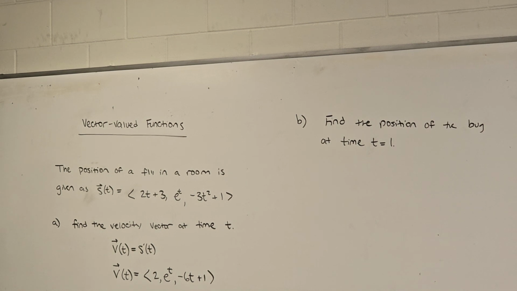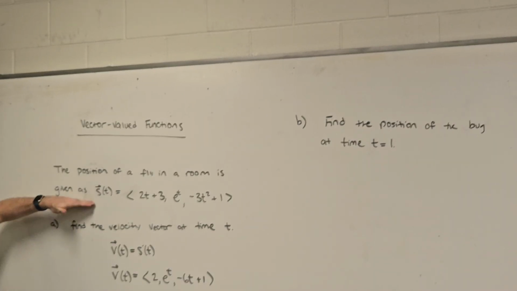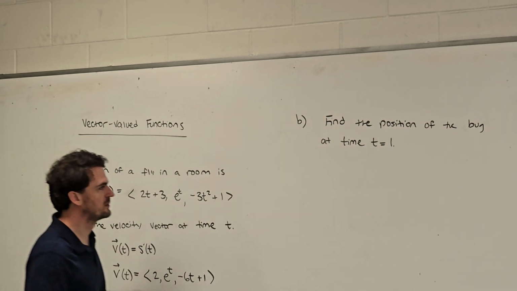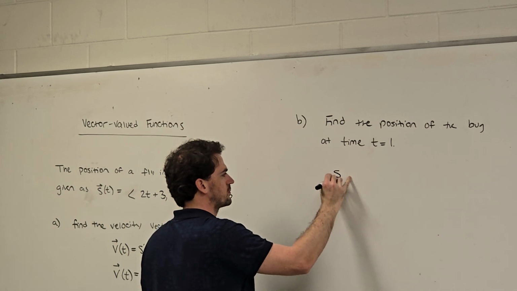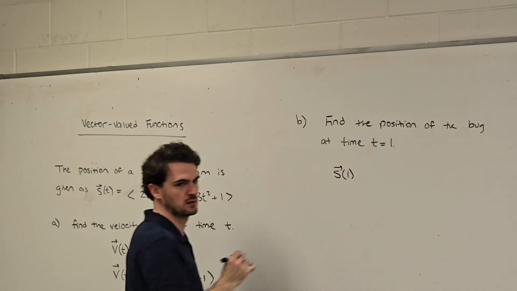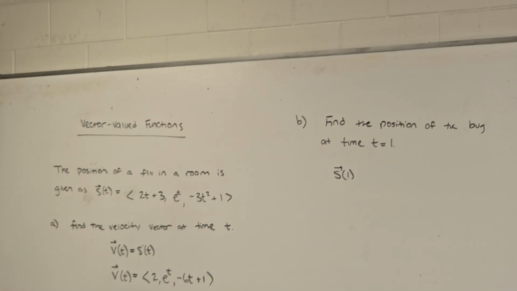So not only being able to compute the vectors, but also make sense of them in some sort of context. So this says find the position of the bug at time t equals 1. So that's going to be my position function, and the position is just s of 1. Why are we keeping the plus 1 there? We should know that.